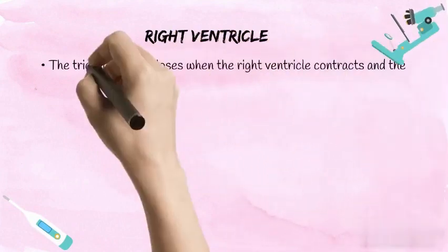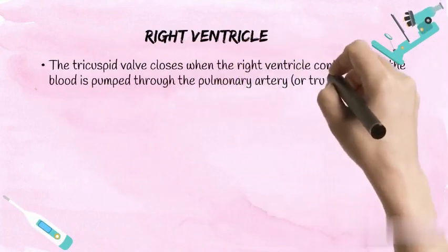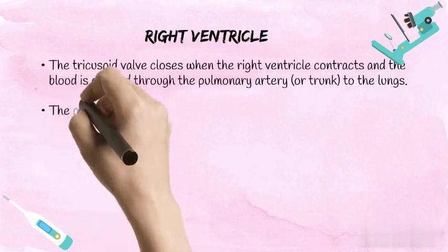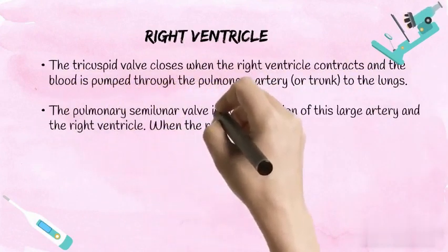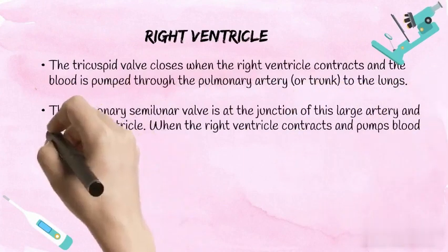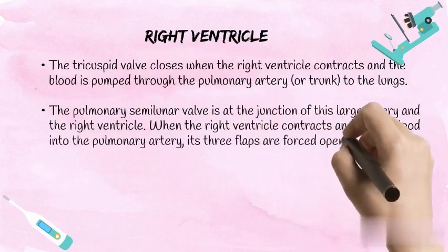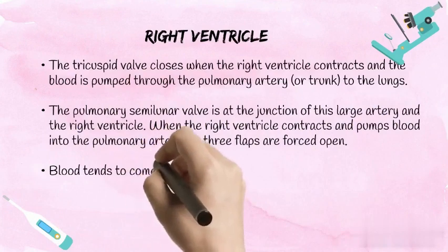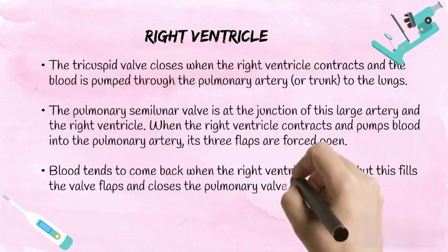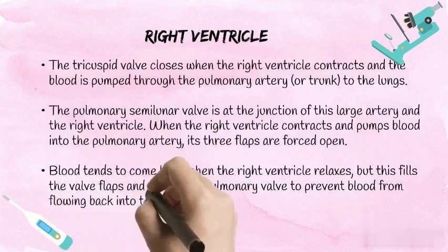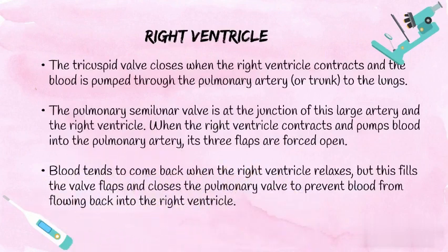Right ventricle. The tricuspid valve closes when the right ventricle contracts and the blood is pumped through the pulmonary artery to the lungs. The pulmonary semilunar valve is at the junction of this large artery and the right ventricle. When the right ventricle contracts and pumps blood into the pulmonary artery, its three flaps are forced open.